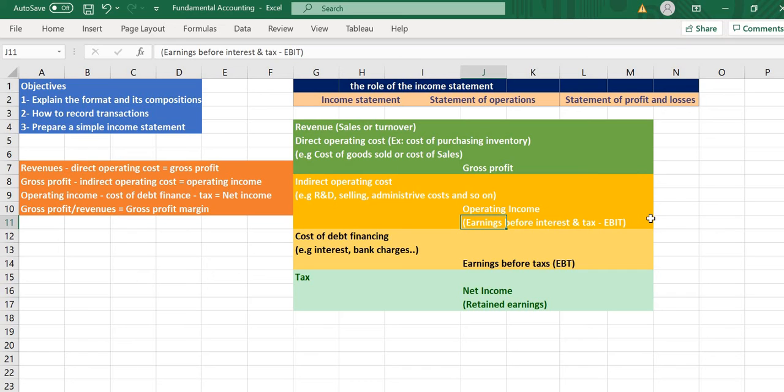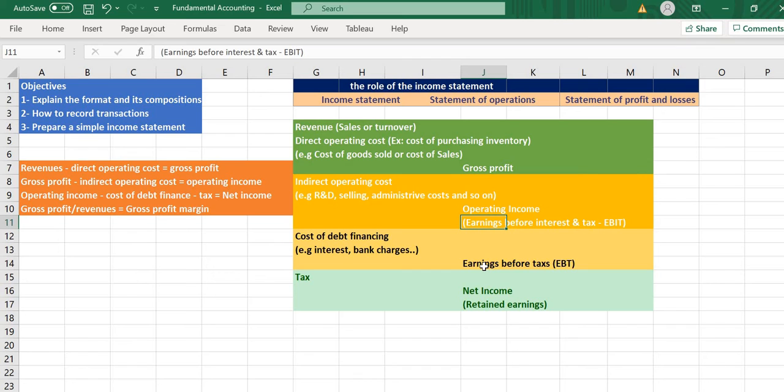After having the operating income, we deduct the cost of debt financing. In this case, usually the companies owe interest or bank charges for their debt financing.